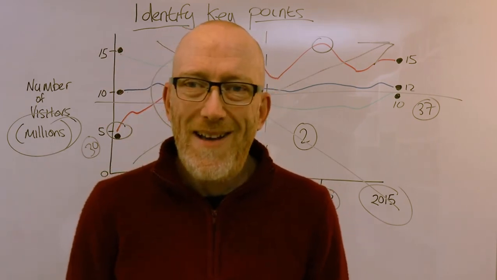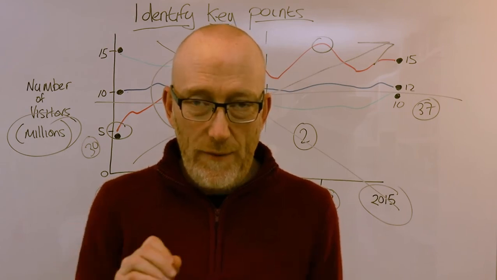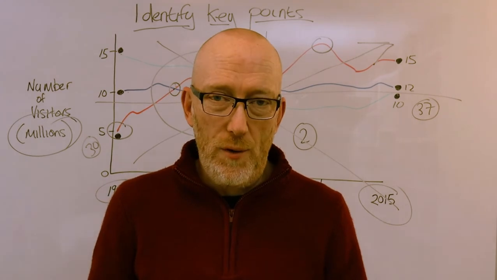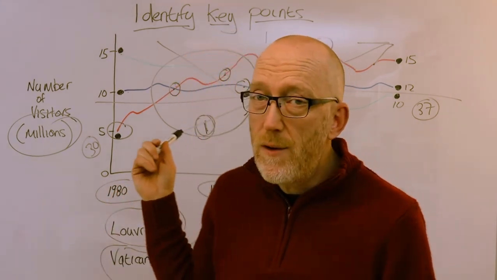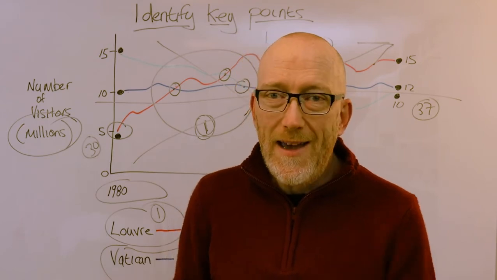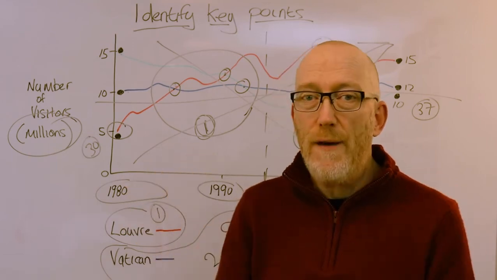I hope this has given you a good insight into how you can identify what information is important in a line graph with multiple lines in a change over time chart. Like I said, this is just an introduction to get you started. You have to practice.